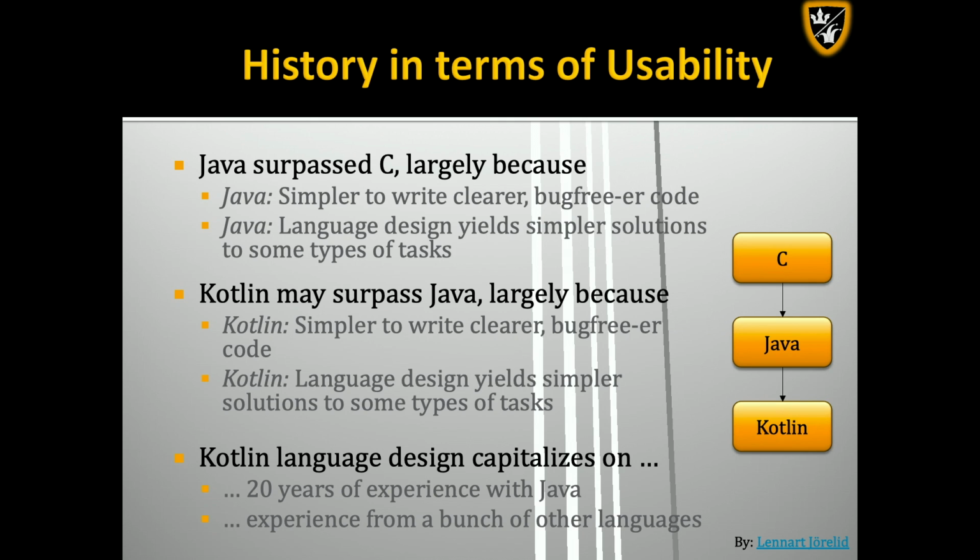And much in the same way, Kotlin has had the favor of studying Java since the 1990s. It's a fairly young language. It also compiles to bytecode, as you may know, but it has had the luxury of taking a look at Java development projects for the last 20 years and finding out what are the problem points with them. What really messes Java development up, and what are the things that really could be done better?